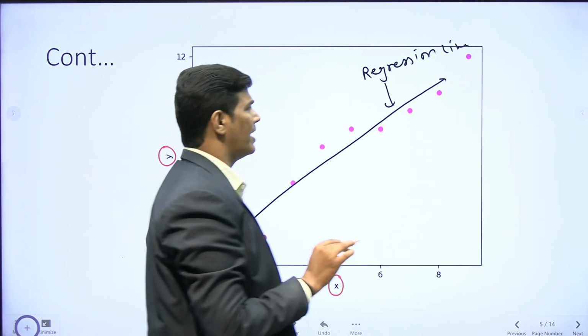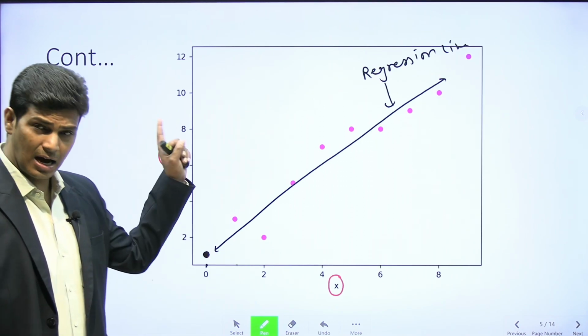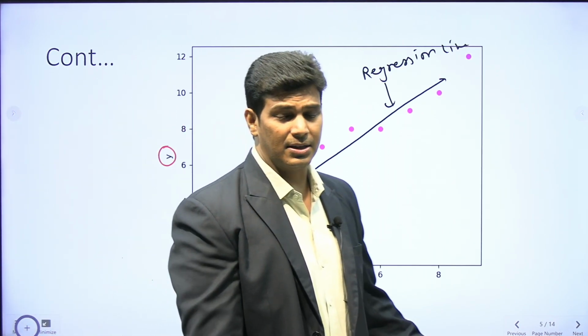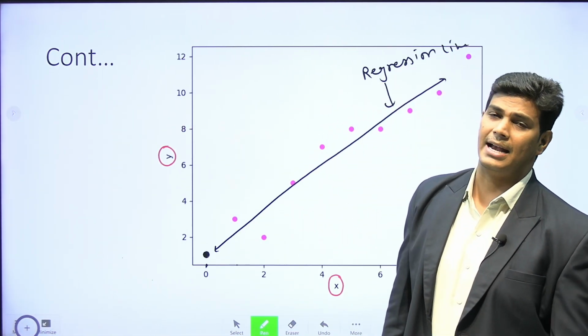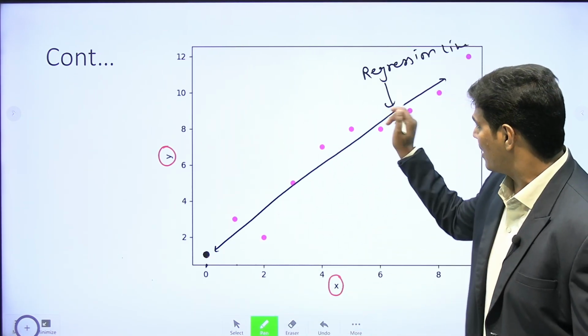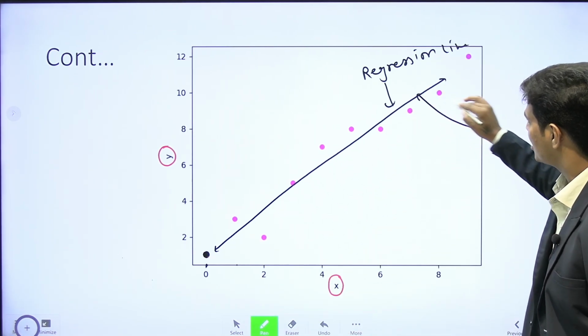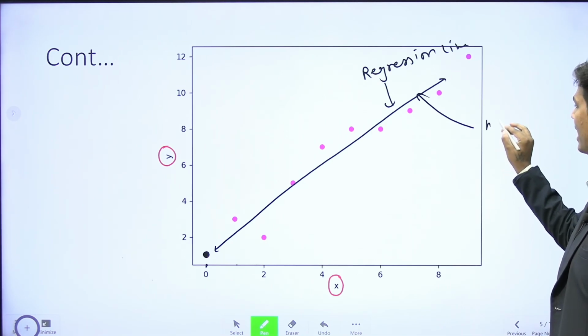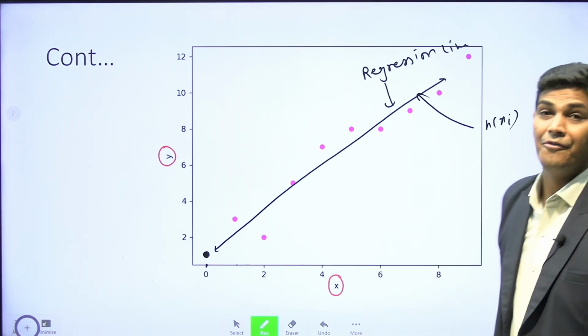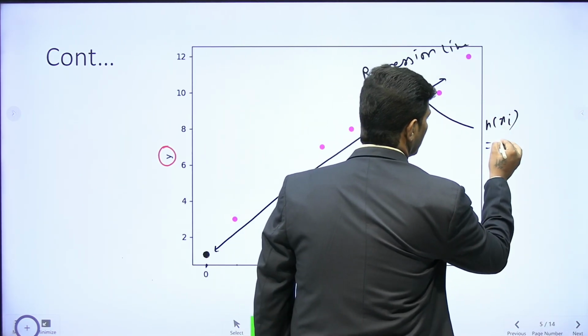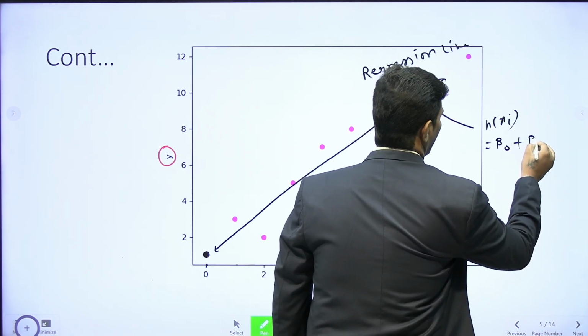So in linear regression, one of the important criteria is that, given your data, we need to calculate the best fit line. After creating the best fit line, this line has one equation, known as h of x_i, which is equal to beta 0 plus beta 1 x.